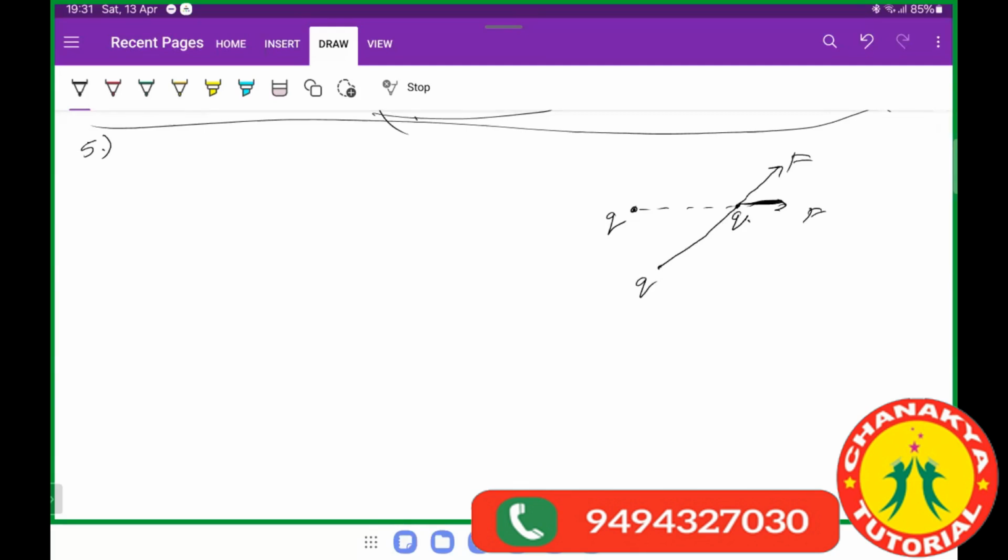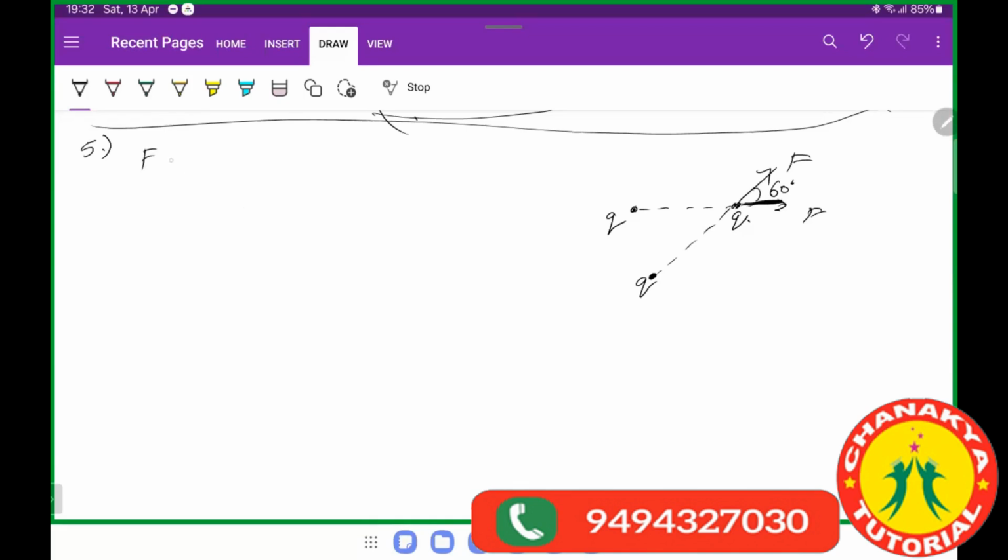These 3 are like this, so what triangle is this? Equilateral. What's the angle of an equilateral triangle? It is 60 degrees.